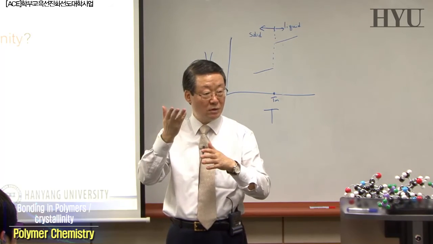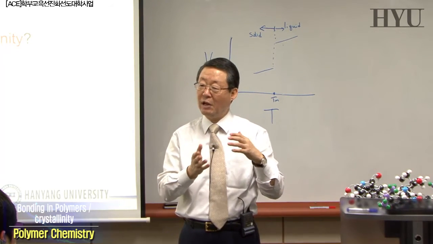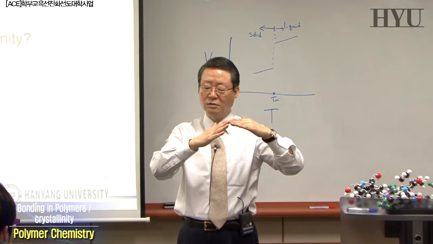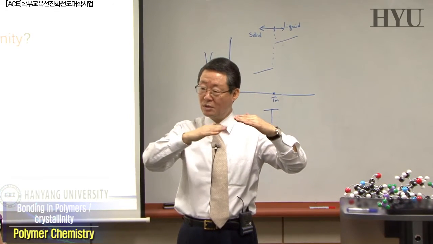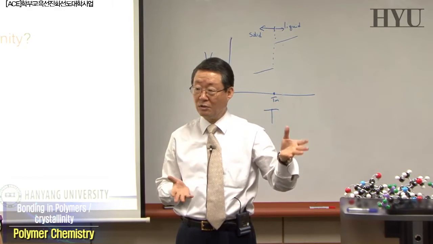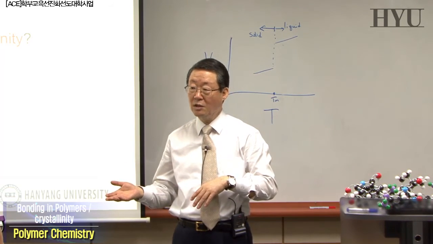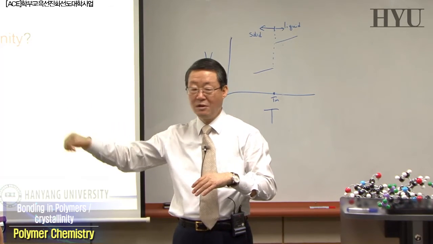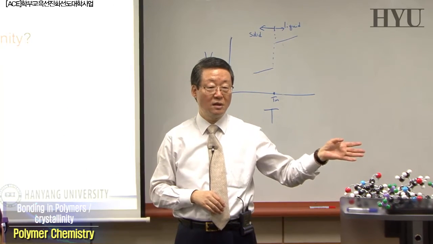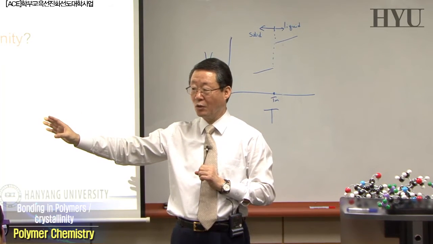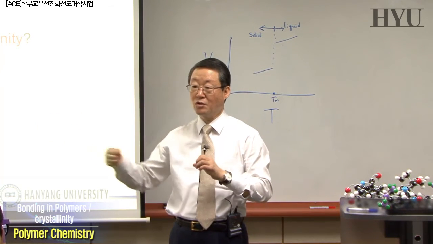Your density will be quite increased. But if you have flexible chains, or the conformation or configuration is a little different, such as the case of starch and cellulose, cellulose is crystalline, whereas starch is not. Cellulose cannot be dissolved in any organic solvents because of the crystallinity.